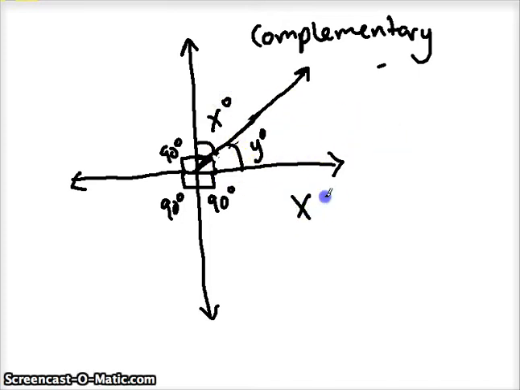But because I have two lines creating a perpendicular intersection, I know that X and Y have to add up to 90 degrees. This has to be a total of 90 degrees here.